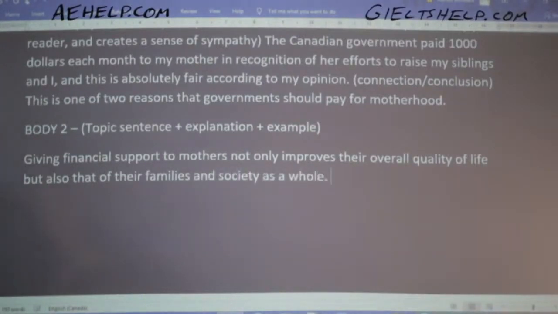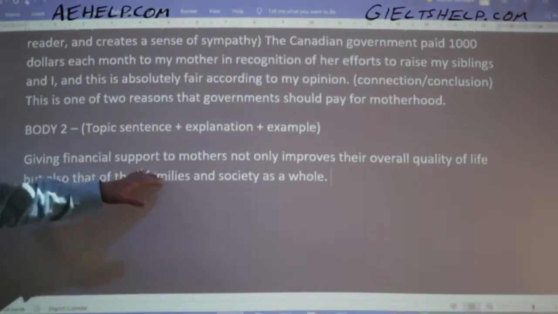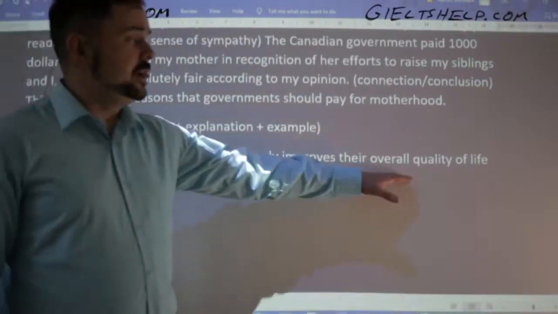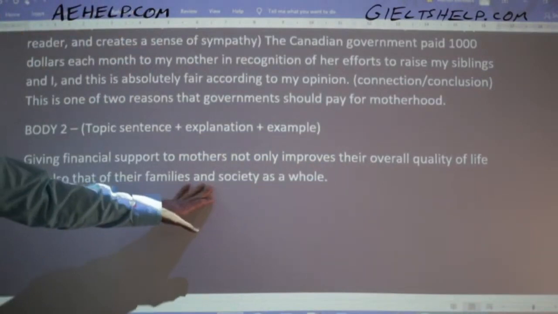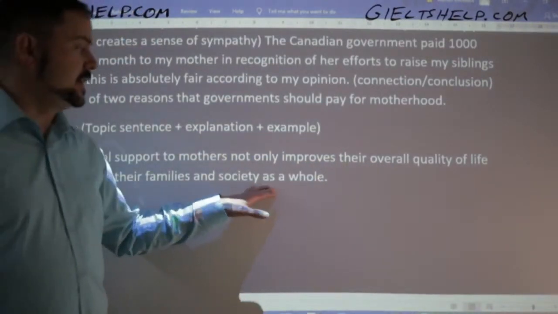Okay, sure. So I would open with a sentence like this. So giving financial support to mothers not only improves their overall quality of life, but also that of their families and society as a whole.